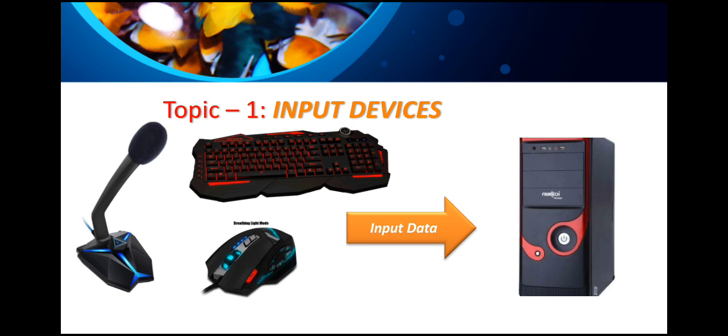The sound is converted into digital signals, and these signals are saved into the computer system. All three devices I have shown here are giving input data. They are just giving data to the computer system, so they are termed input devices.